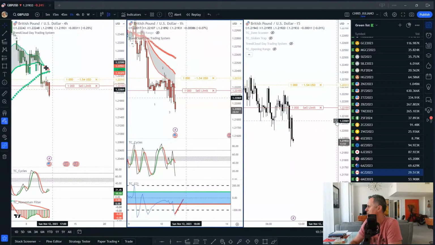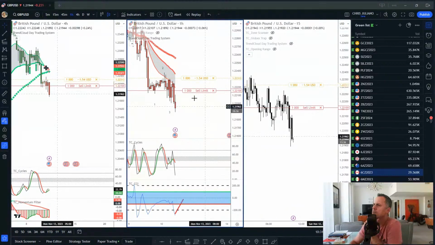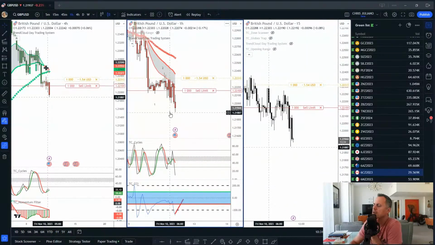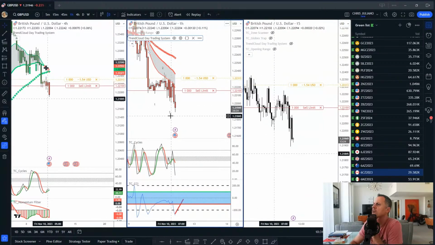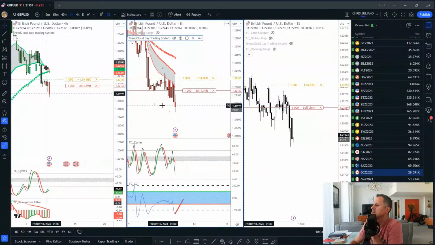Use the built-in tools to set color. It would be nice to use the built-in tools to set color and size. You mean these numbers here? I think I can do that. To make the labels here, the 1, 2, you're saying be able to change the color and the size on that.